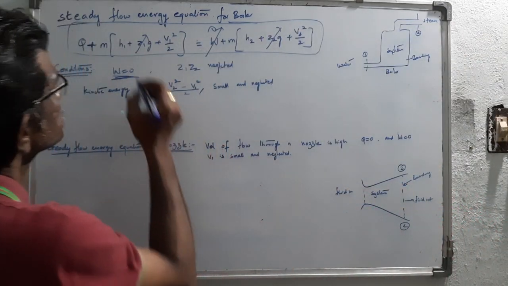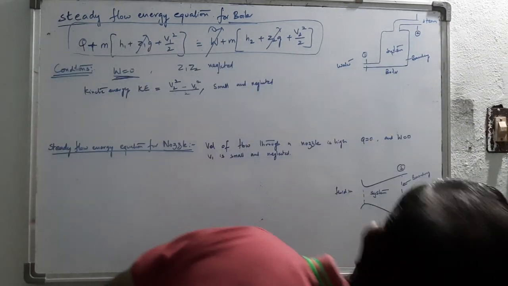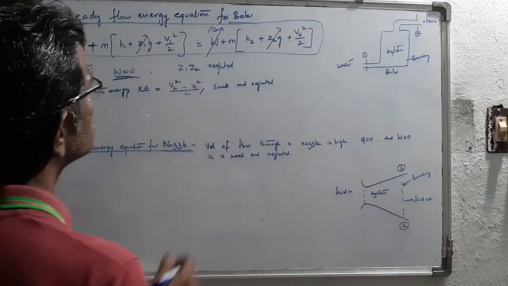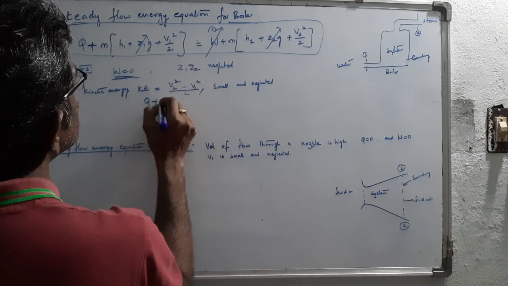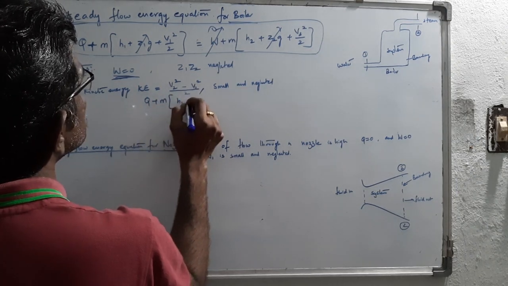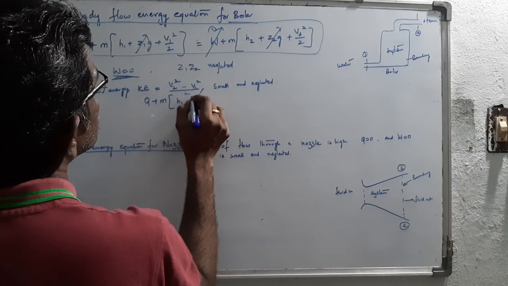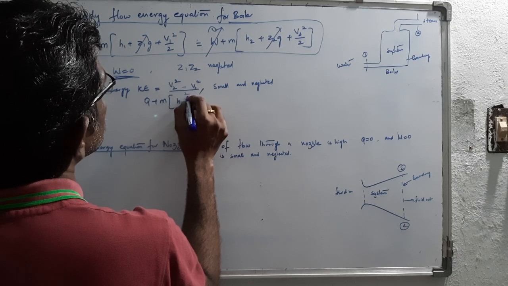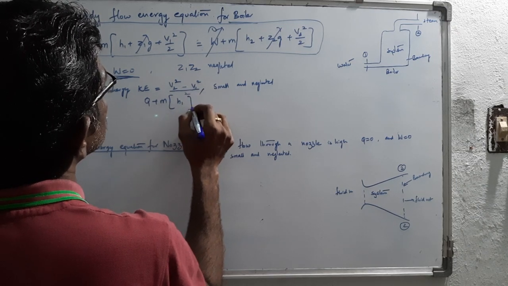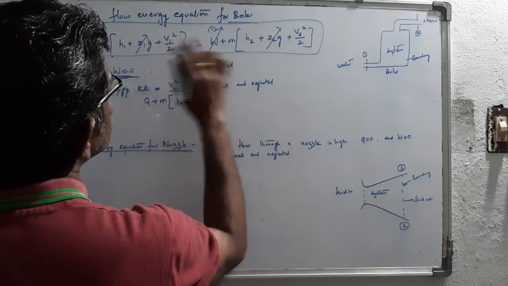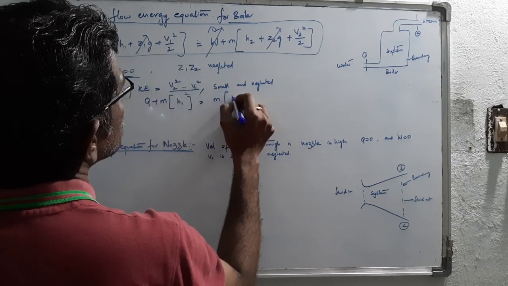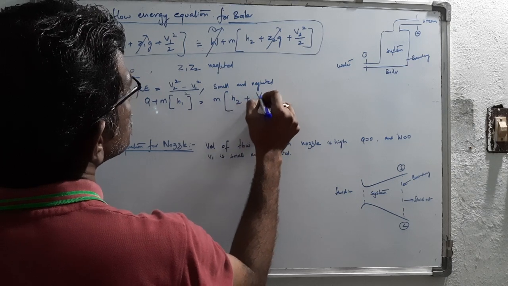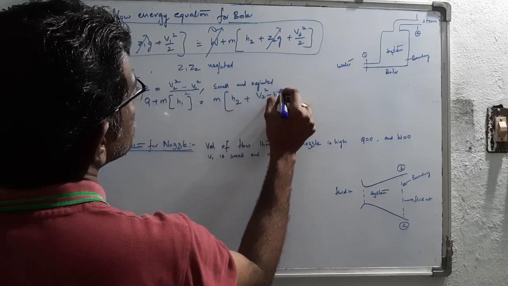Now look here: taking h1 and V1 squared to the other side, Q equals m into (h2 plus (V2 squared minus V1 squared) by 2).